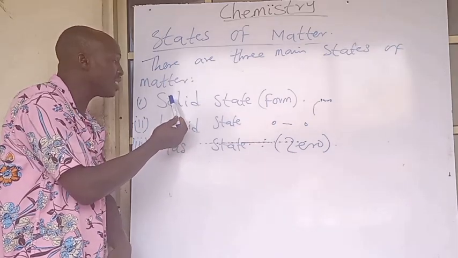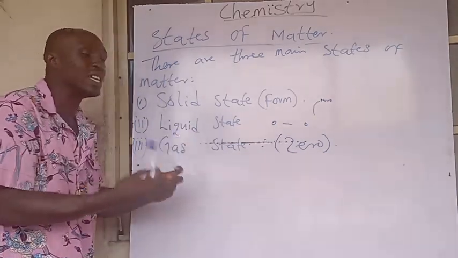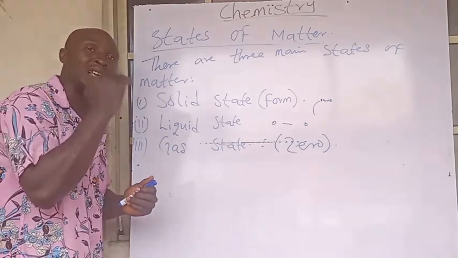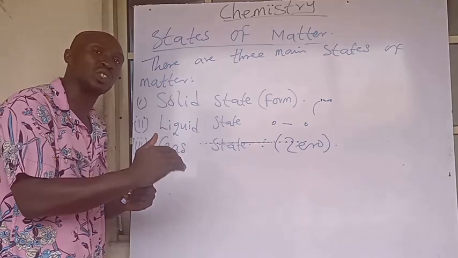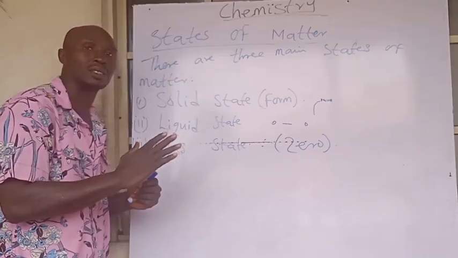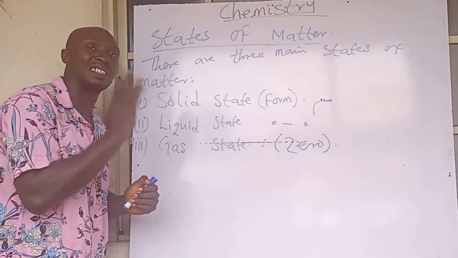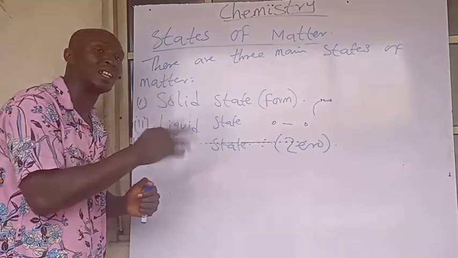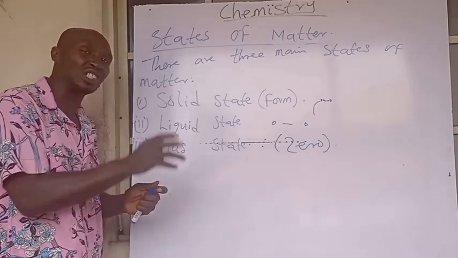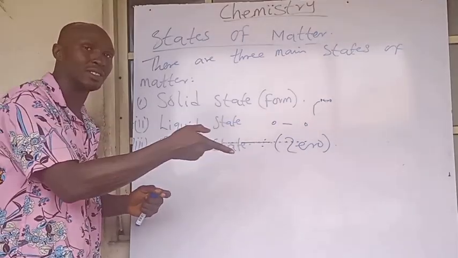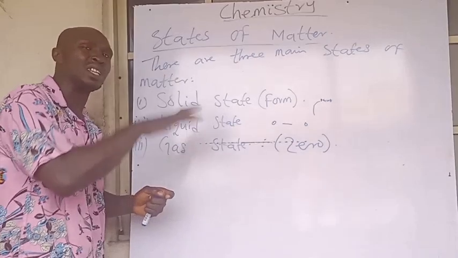So all these states of matter remain the way they are when the temperature and pressure are kept constant, or when an external force or external energy is not applied. They remain the way they are.